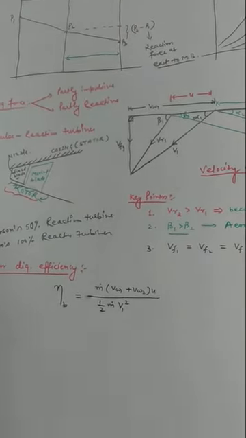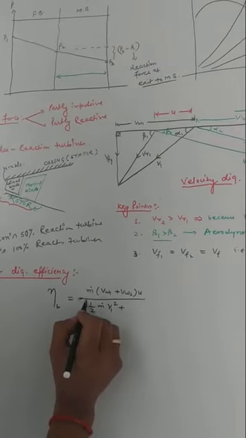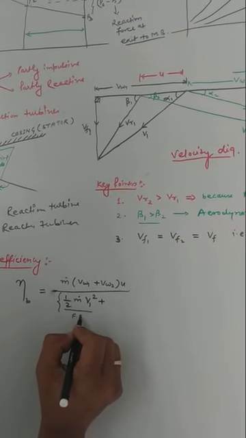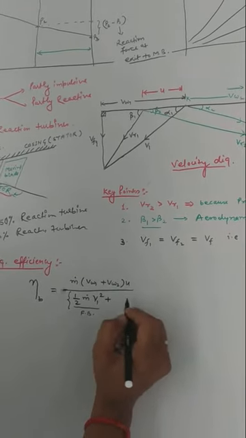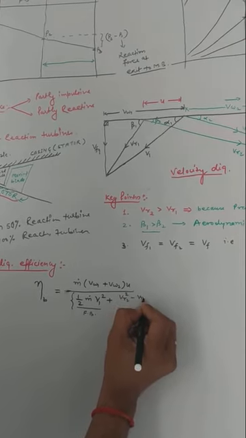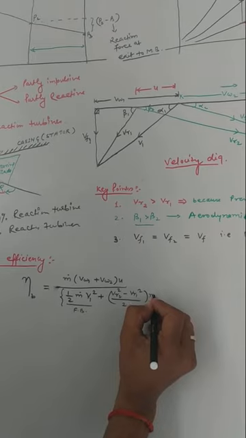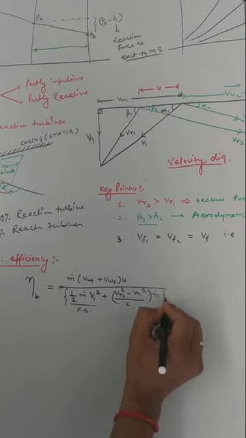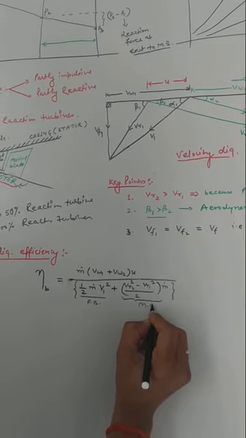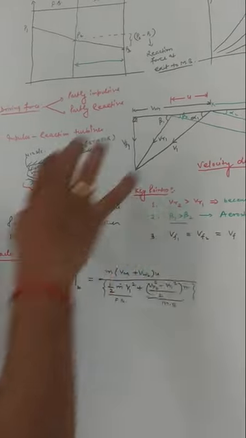Plus the energy supplied at the moving blade, which is (VR2 square minus VR1 square) divided by 2, multiplied by m. This is the energy supplied at the moving blade. Okay, this is the total energy supplied to the turbine.